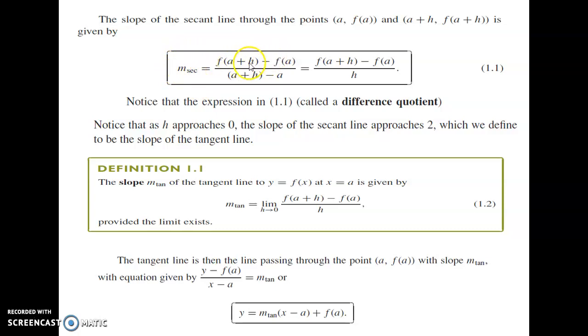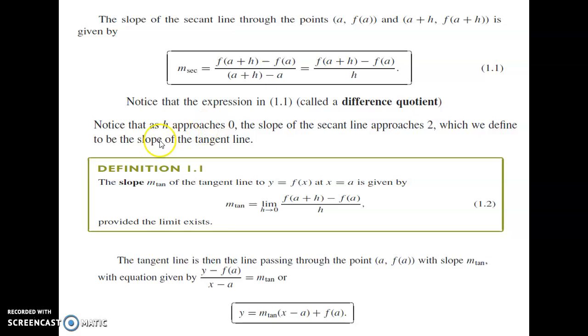So I take the difference in y coordinates divided by the difference in x coordinates. Then the a and minus a cancel, and we get this quantity. So this is the formula to find the slope of the secant line, or any line with 2 points given. This quantity is known as the difference quotient.